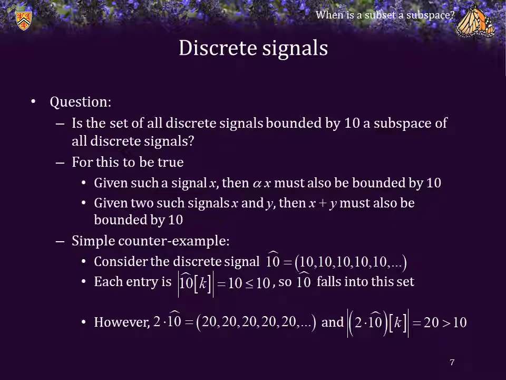So a scalar multiple of this discrete signal is not described by the statement above. Therefore, it is not a subspace of the vector space of all discrete signals.